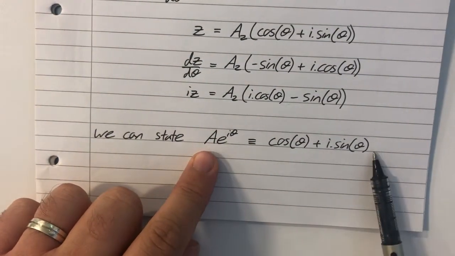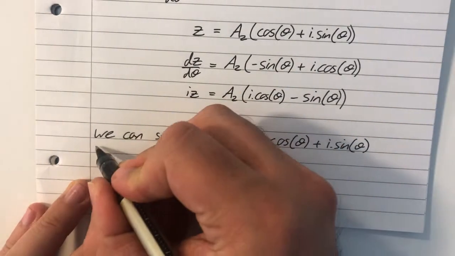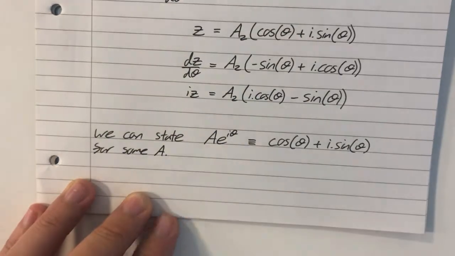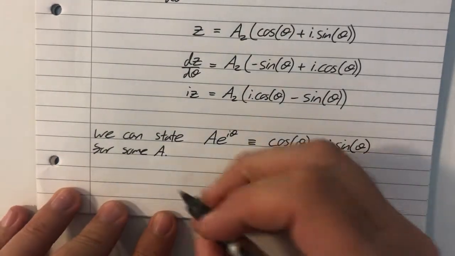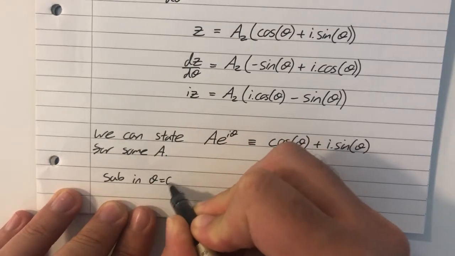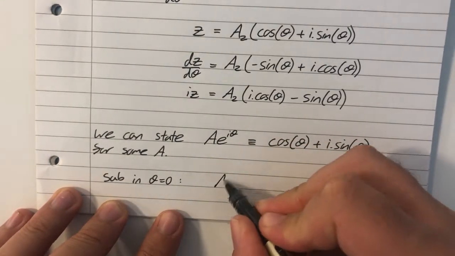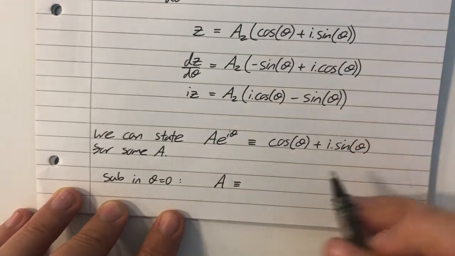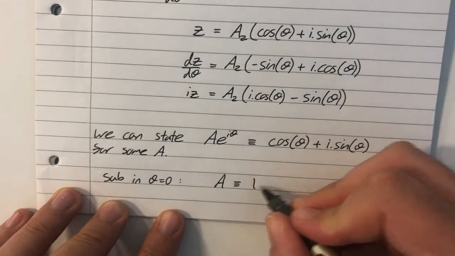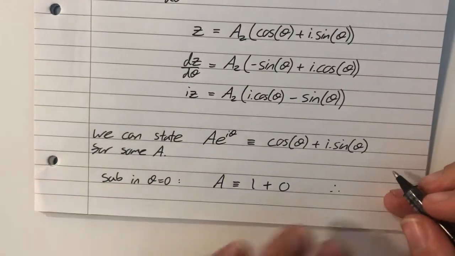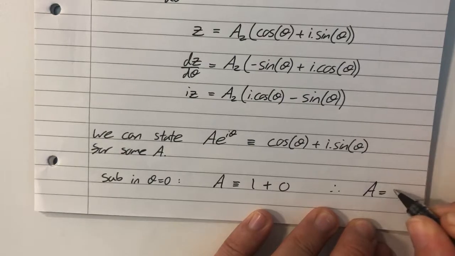So this must be true for some value of A. To find the value of A, we're going to substitute in theta is 0. And this will give us A times e to the 0, which is 1, is identical to cos of 0, which is 1, plus i times sine of 0, which is 0. Therefore, we obtain that A equals the number 1.